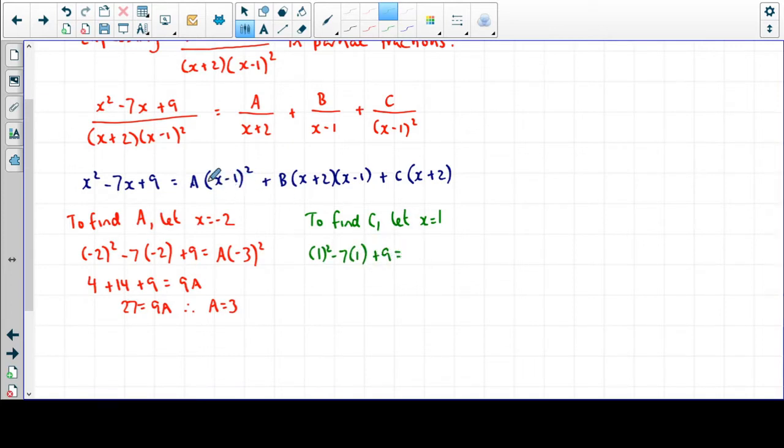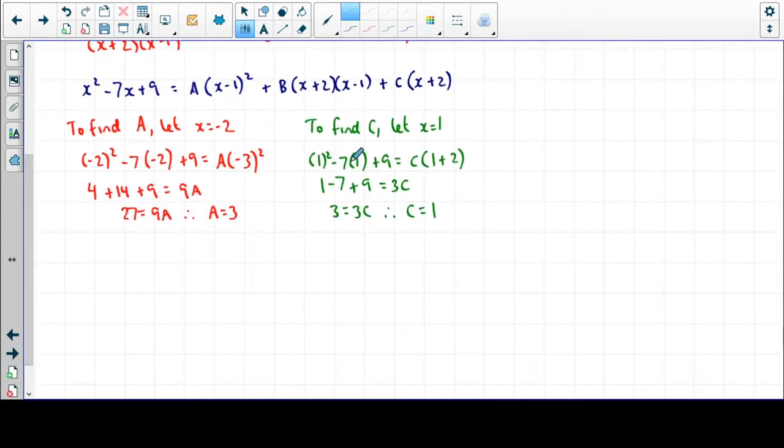That'll become 0, so that'll disappear. That'll become 0, so this will disappear, and I'll just be left with C multiplied by 1 + 2. So I'll end up with 1 − 7 + 9 is equal to 3C, which becomes 3 is equal to 3C, therefore C is equal to 1.